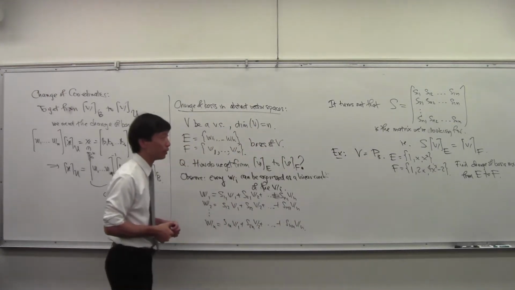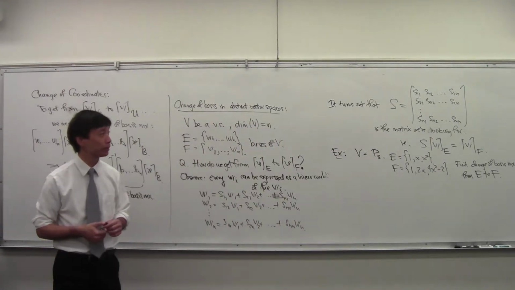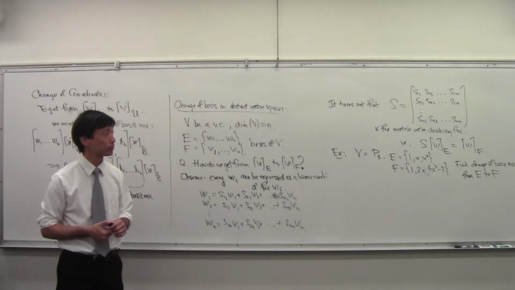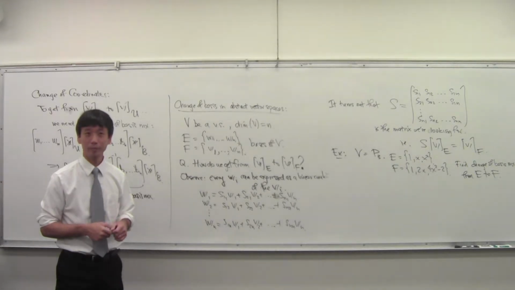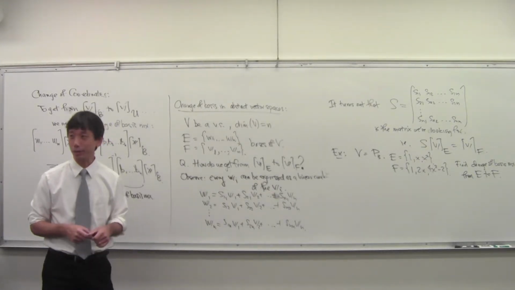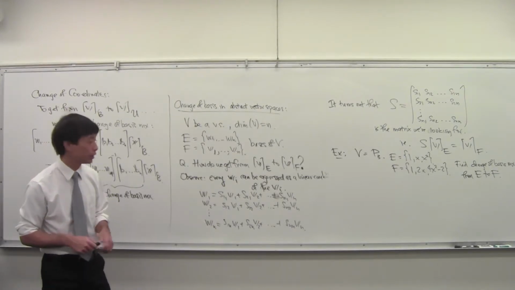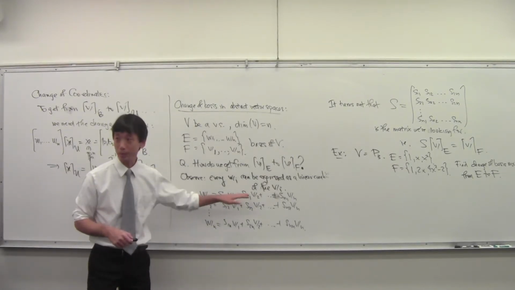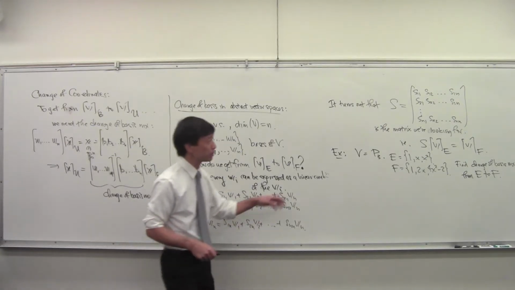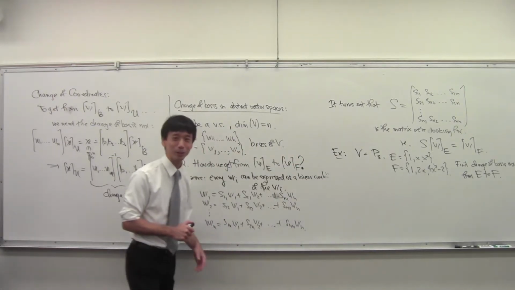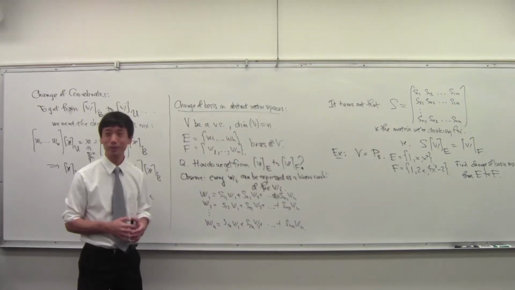Find the matrix that goes from E to F. Each of those S's are scalars? Yeah, right. So you just want to express this guy as a linear combination of those guys.